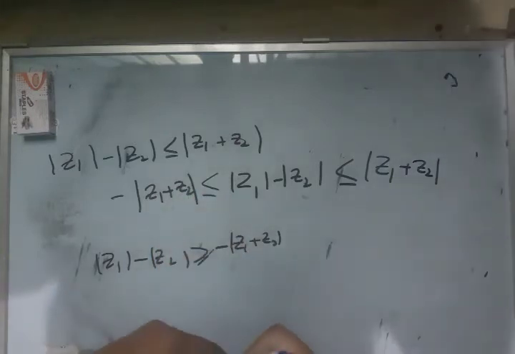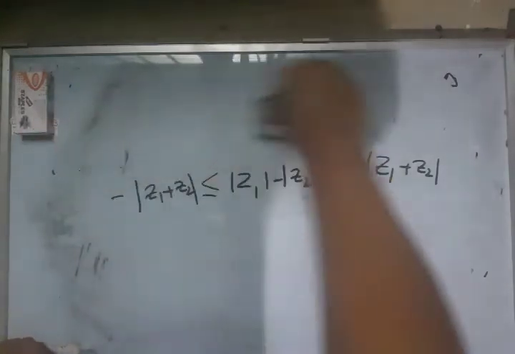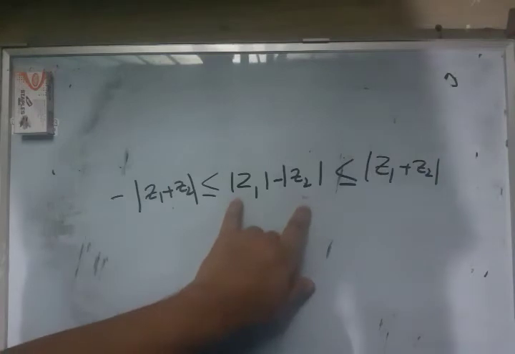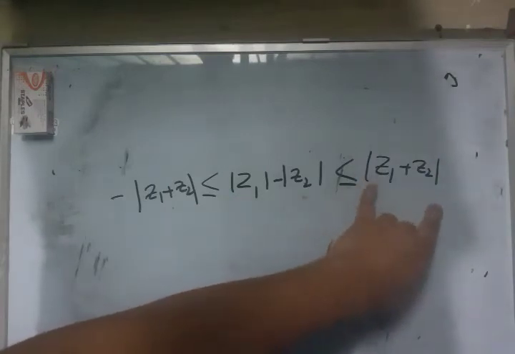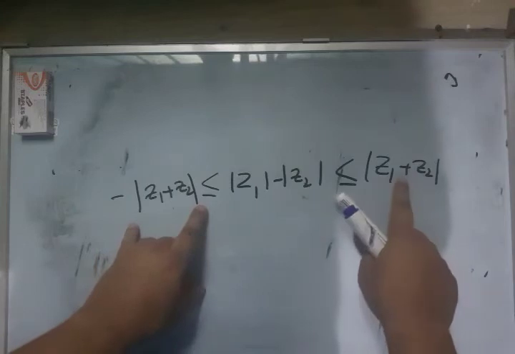So what do we get here? Now let me erase this. So this is the relationship we need. It says this quantity is less than this quantity and greater than the negative of this quantity.